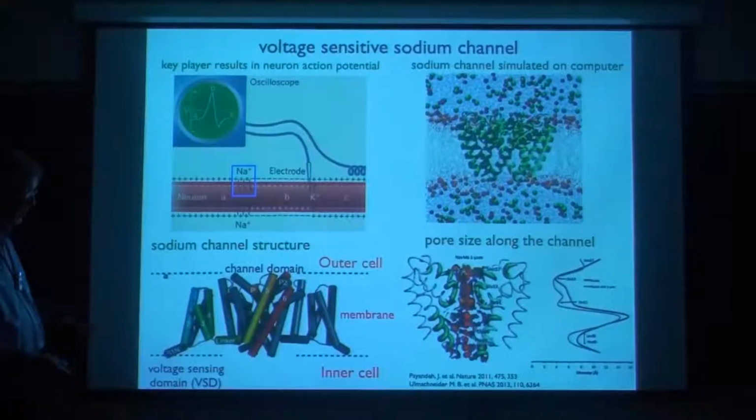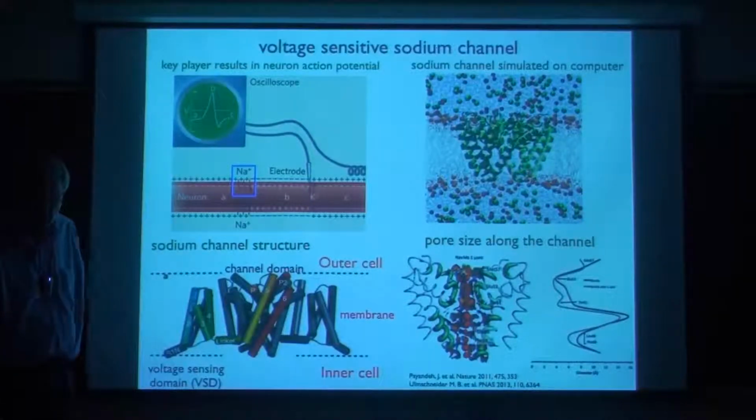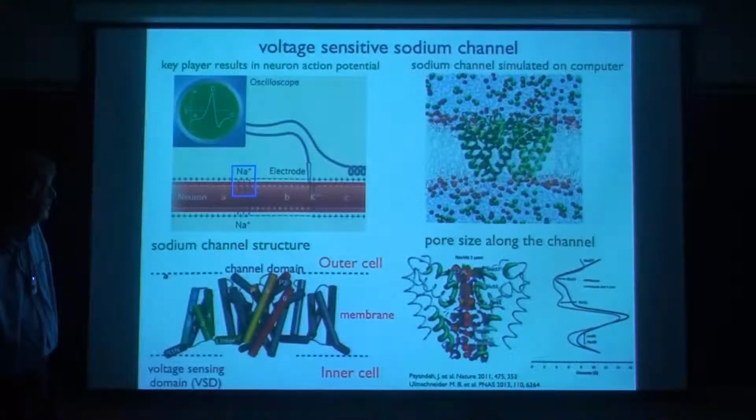But otherwise, they look very similar. So this is really just a new structure that is now being studied, and somewhere in the world, probably a graduate student is already jubilating because she or he got some nice results explaining how this channel actually does its job of selectivity and voltage gating.